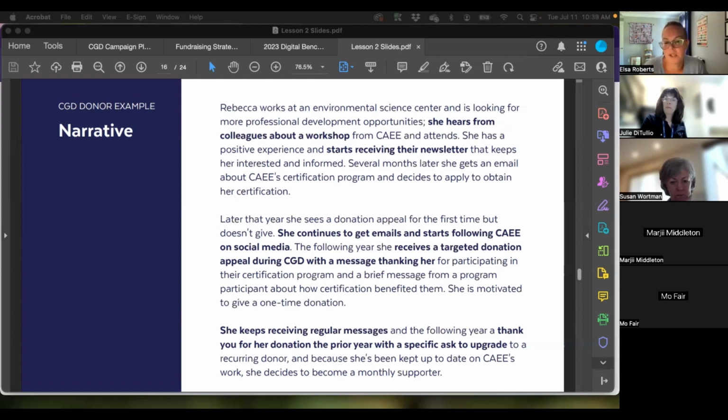And that can be really challenging to do, but tools like Colorado Gives, tools like MightyCause, which is the platform behind Colorado Gives Day, are really useful for that. And so are most other email tools, which have segmentation ability.